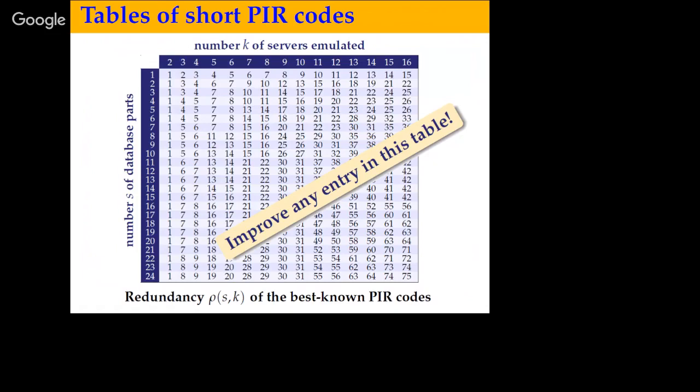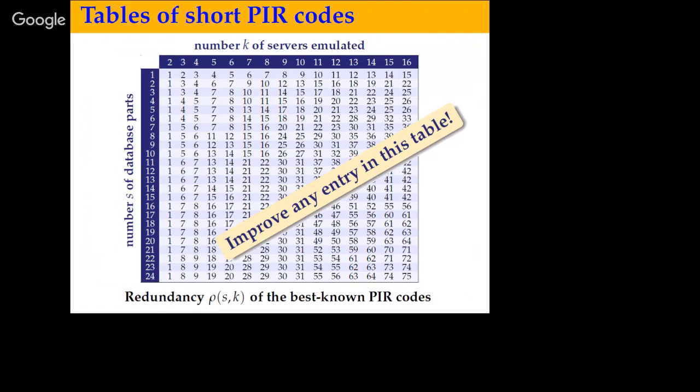Storage overhead is simply 1 plus rho(s,k) over s. So given rho, s and k, I could compute the storage overhead, and this is what that table shows.